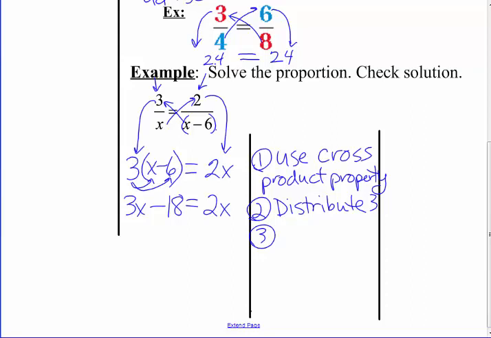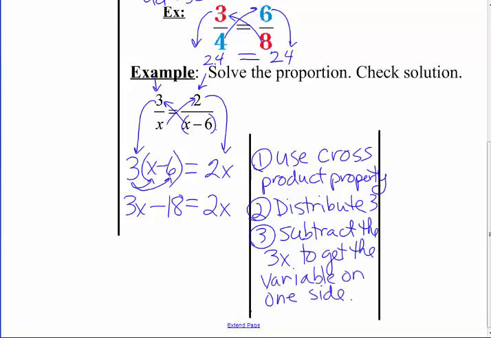Okay, now notice we have x's on both sides of the equal sign, so we need to get the x on one side. I'm going to subtract the 3x to get the variable on one side. So minus the 3x, minus the 3x.